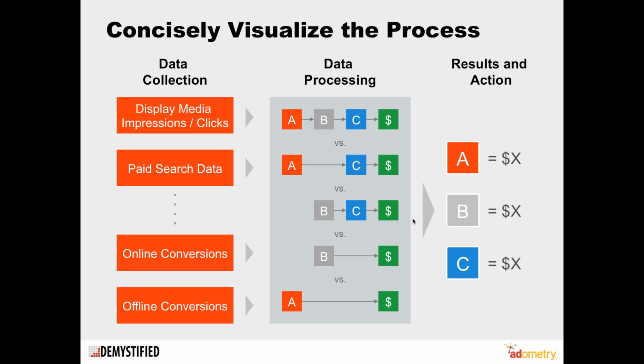We then have to process that data. Maybe explaining that if we've tracked that somebody interacted with A and then B and then C and then converted, and then we take the group of people who just interacted with A and then C and then converted, if we compare those results, the difference in them is the contribution of B in that situation.